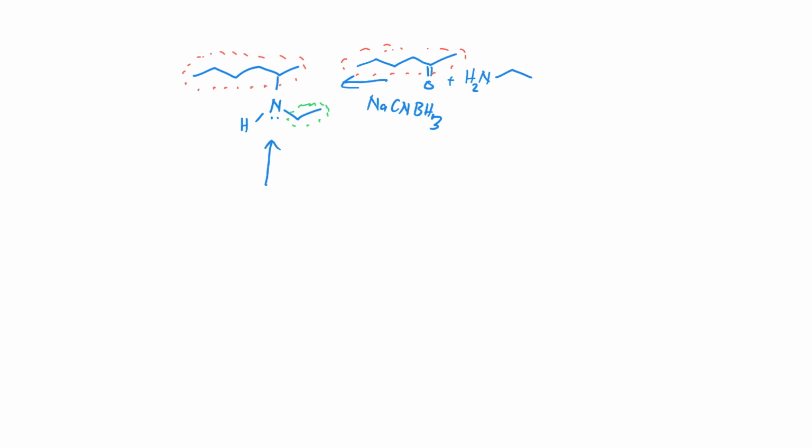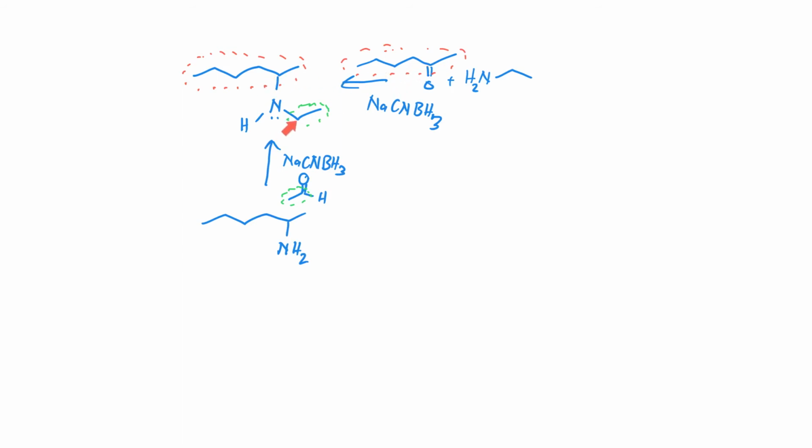And so we could go at it from this direction, where the amine is actually this amine, 2-aminohexane, and we add sodium cyanoborohydride, and in this case it would be a 2-carbon aldehyde. I know it's an aldehyde because it's attached at the end of the carbon chain, as opposed to this one encircled in red, which is attached in the middle of the carbon chain. That told me it was a ketone.